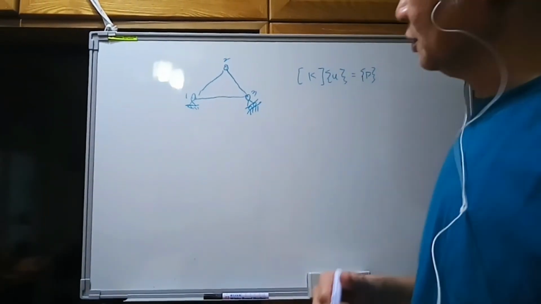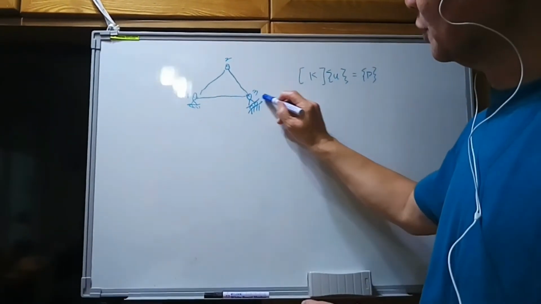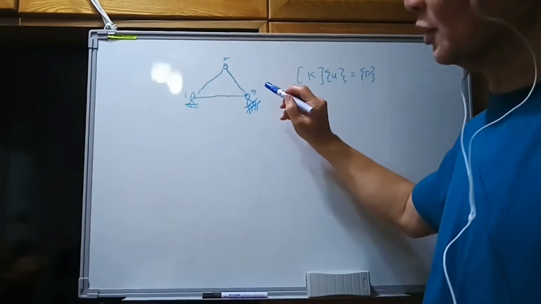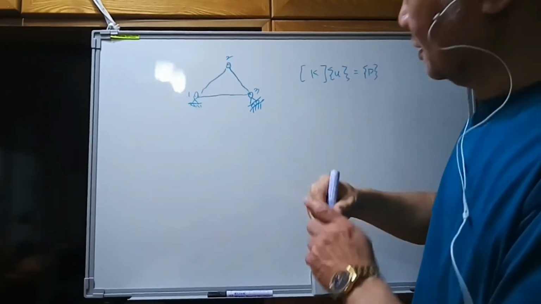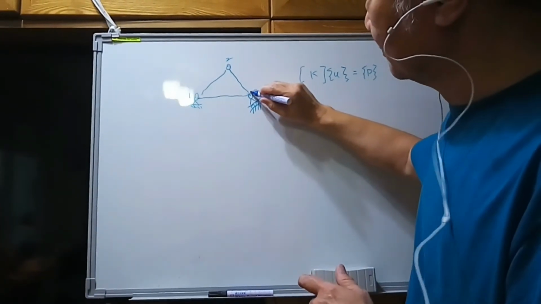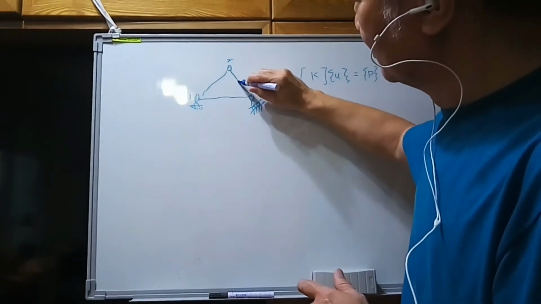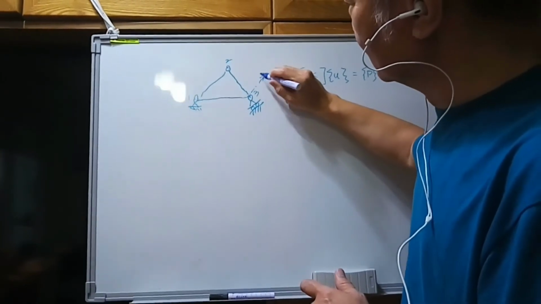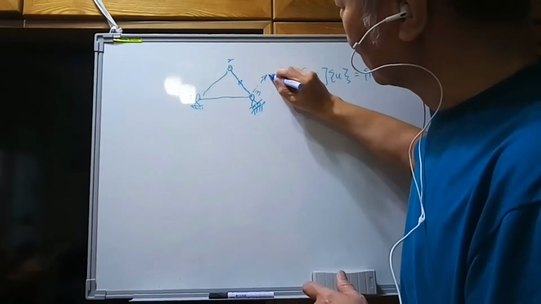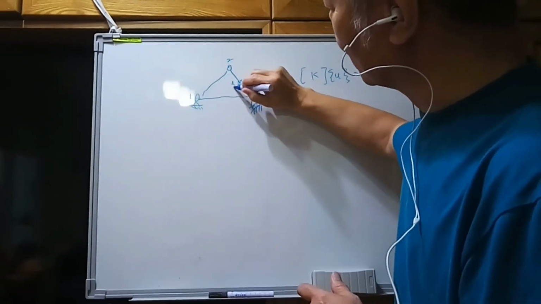But if we use the global U and the global V for the node point 3, and for these problems, we can define the X double prime and the Y double prime.